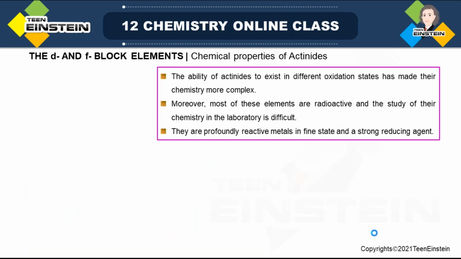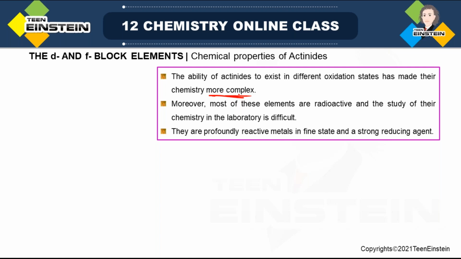Now, chemical properties. The ability of actinides to exist in different oxidation states has made their chemistry more complex. So when oxidation state variability is very less, the chemistry will be very simple. But if a particular element is showing, suppose, 4 to 5 different oxidation states, then it will really become very complex, right?